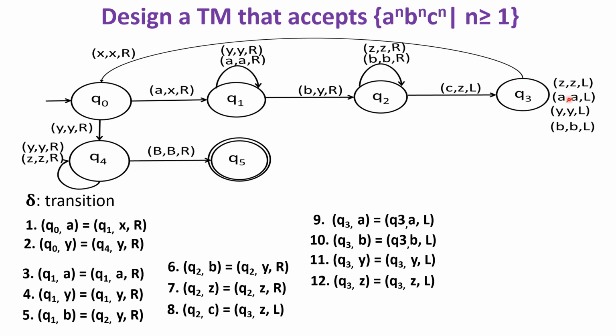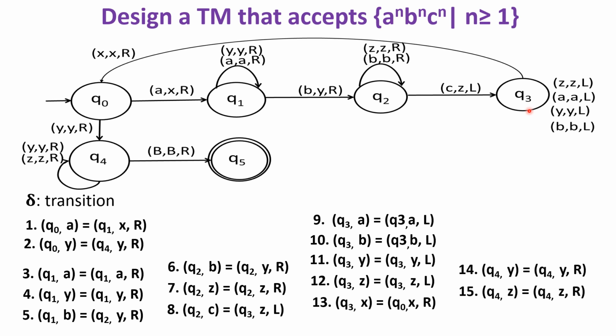In Q3, A, B, Z and Y take a self loop. And for X, it changes the state from Q3 to Q0, keeping X as it is and move towards the right.